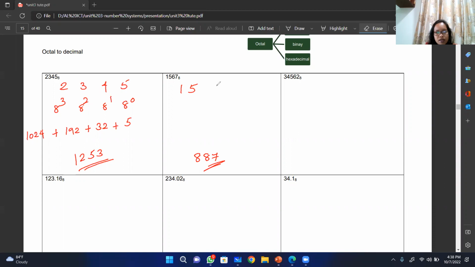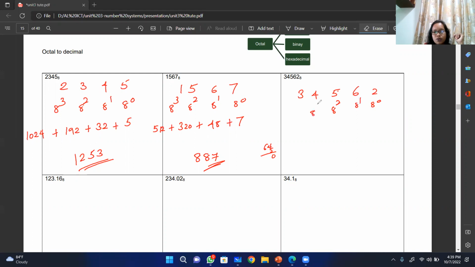We'll see. 6, 7, 8 to the power 0, 1, 2, and 3. Here 7 into 8 is 56, 48. 320 plus 512. So that is yes. Yes, correct. Next one.